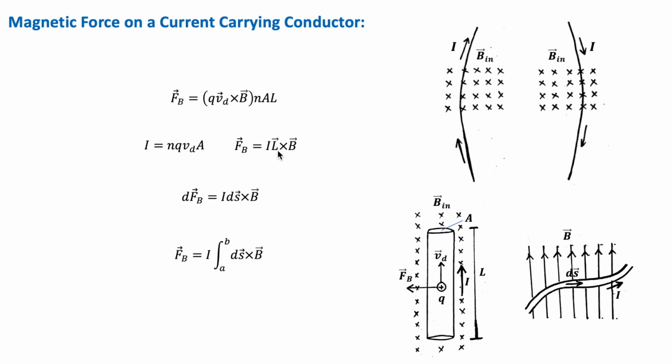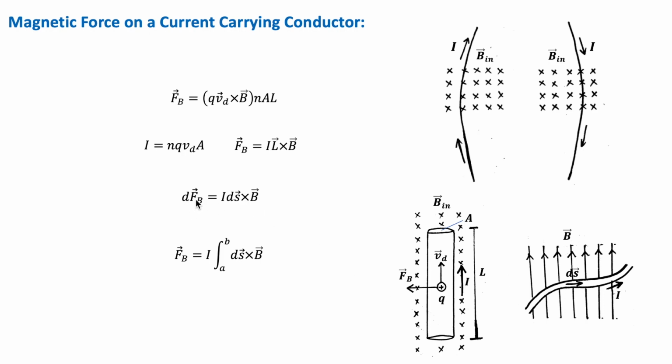And L here is a vector in the direction of I, and its magnitude is equal to the length of the segment, okay? So note here that this expression applies only to a straight segment in a uniform external magnetic field, okay? But for an arbitrary shaped wire of uniform cross-section, as you can see here, placed in an external magnetic field, the magnetic force on an infinitesimal segment of length ds is given by this equation.